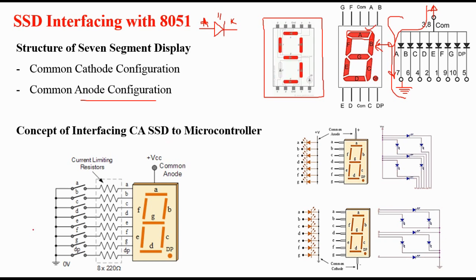Now let us suppose we want to display 1. For 1, segment B and segment C, means these two segments, should remain on, right? So this B and C both should be grounded.